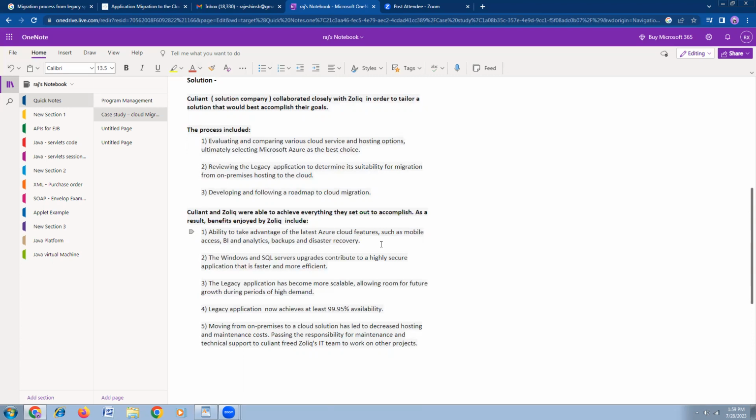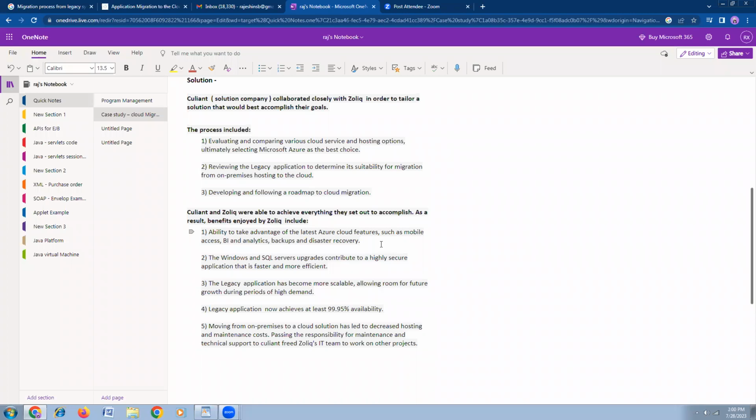What are the features? Mobile access. So this cloud application can be accessed through mobile. At the same time, business intelligence and analytical tools, if you want to prepare multiple reports and everything, this is something required for us. This is one of the key elements which is essentially important.